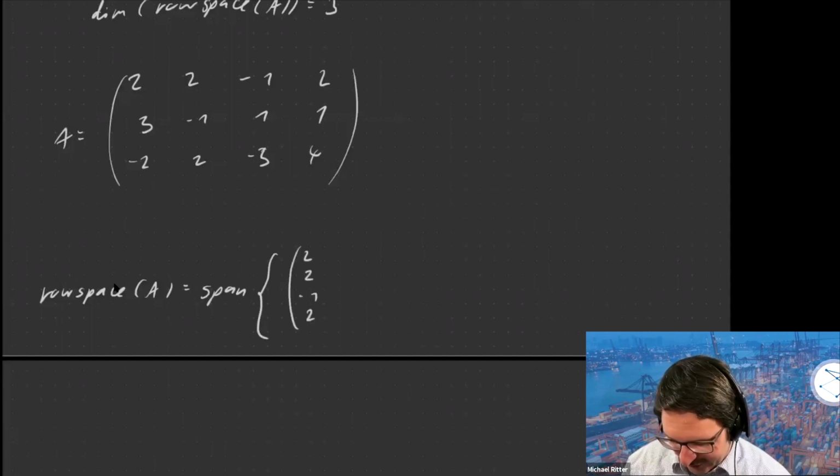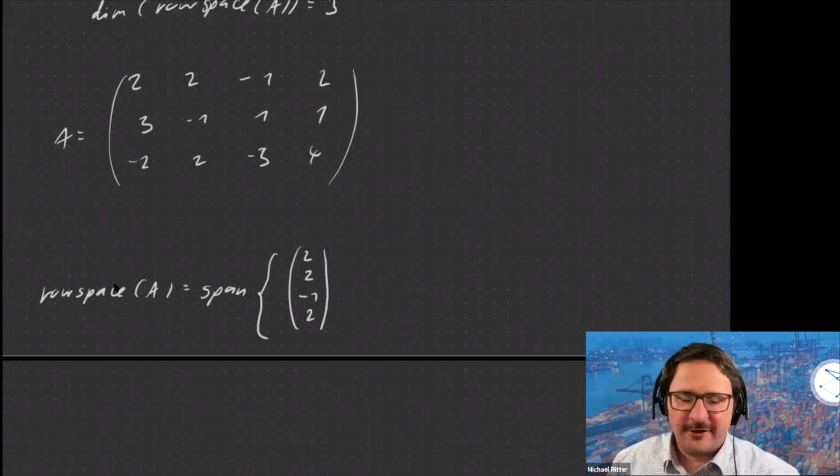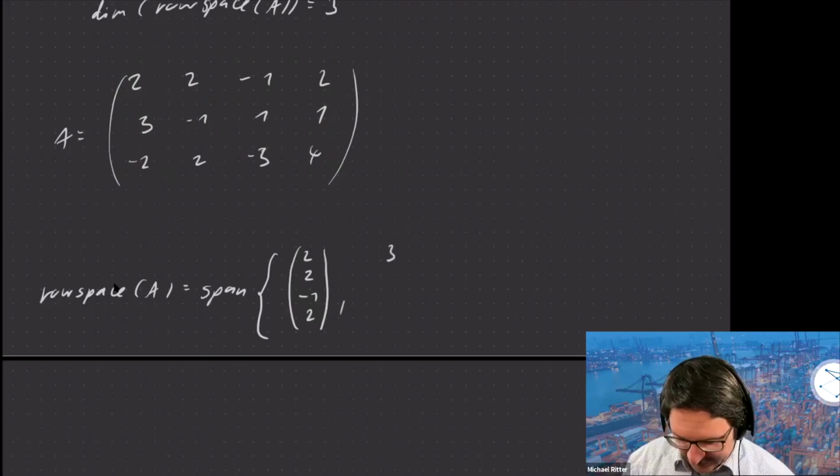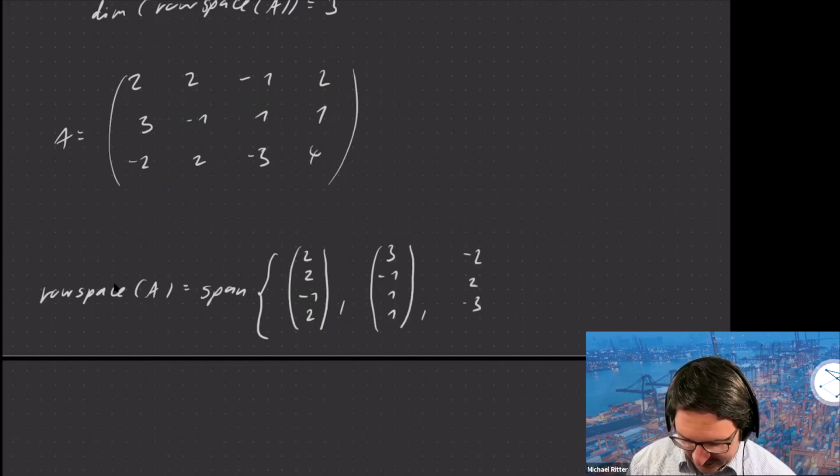And by convention, if the vectors are not part of a matrix, we usually write them as columns. So 3, -1, 1, 1, that's the next row of A. And then -2, 2, -3, 4, that's the third row.